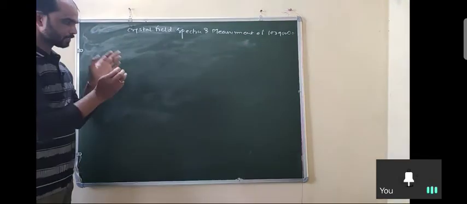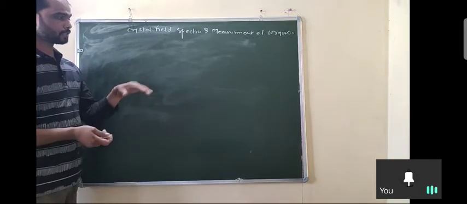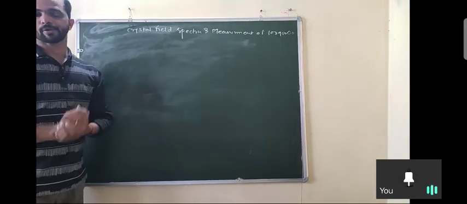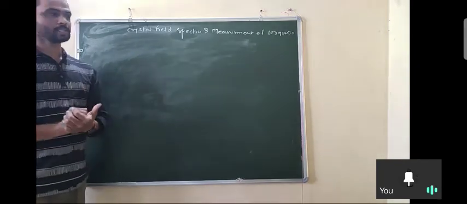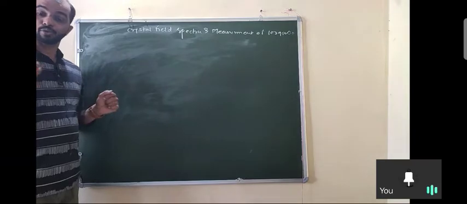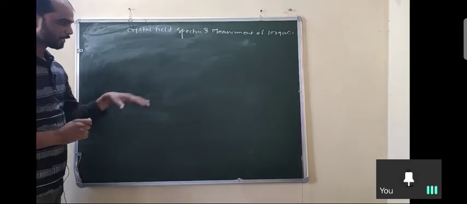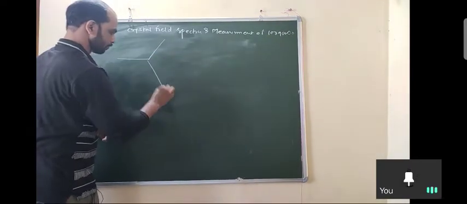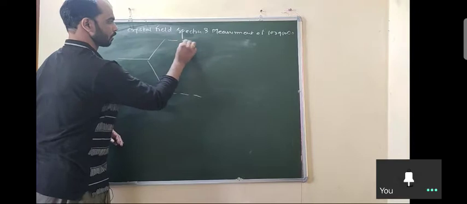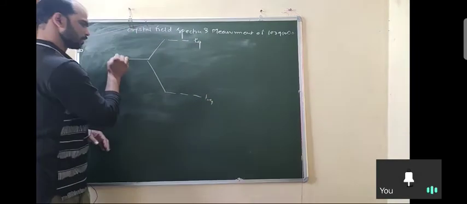We already discussed the splitting of the d orbitals, and we saw there is a presence of electrons in the lower energy orbital as well as in the higher energy orbital. But in some cases there are electrons only in the lower energy orbital. Suppose we consider this type of splitting in an octahedral field, and there are some electrons.